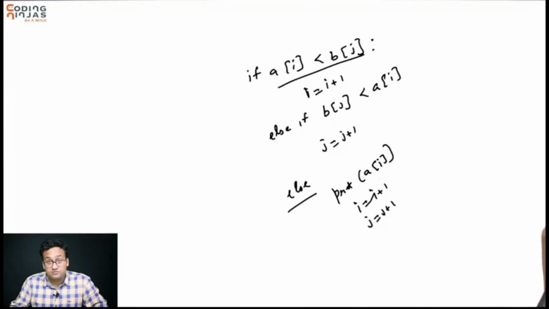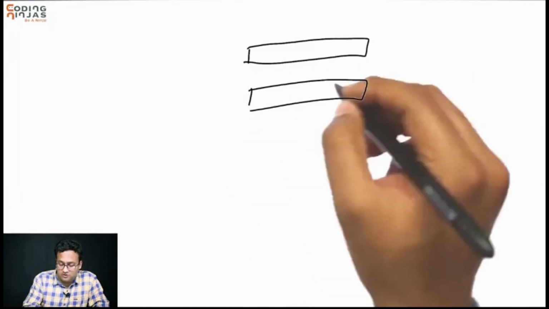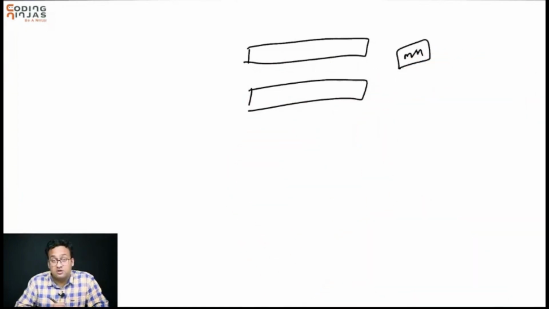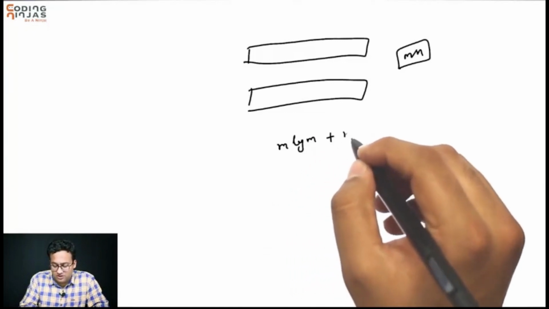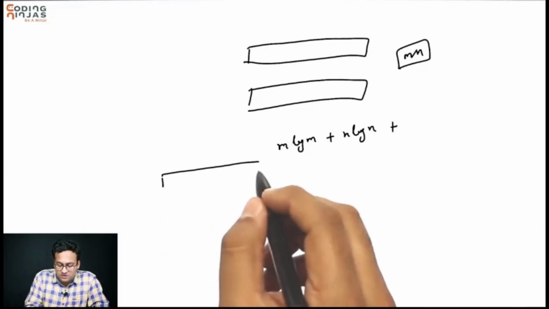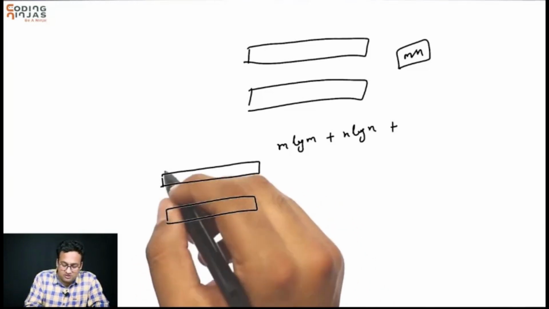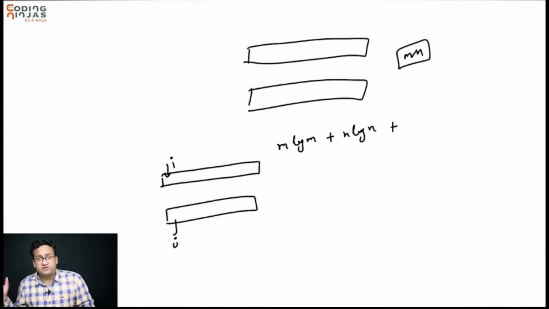Okay, so originally you were doing m n work, now you have to do m log m to sort the first one, n log n to sort the second one, and then you have two sorted arrays, you are using i and j, and you are traversing through them.